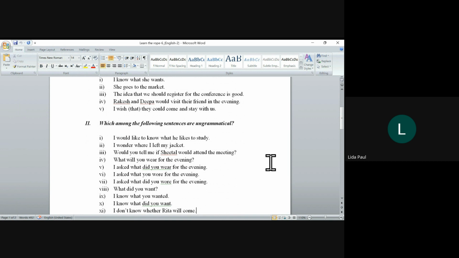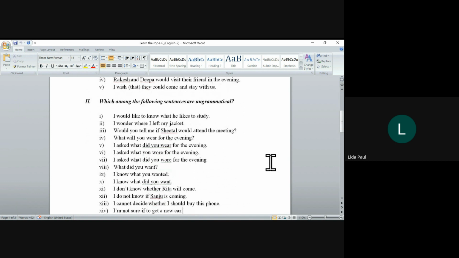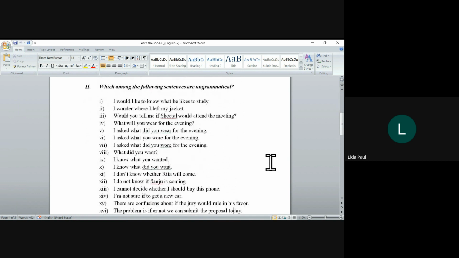These are very commonly found in the English language, and particularly in writing. You see a lot of these if and whether clauses, that clauses, and question clauses. So these questions that we have here are meant for a discussion on how these clauses work, what makes them grammatical, what can make them ungrammatical, what their structure is, what their position in a sentence is, and a few more things.